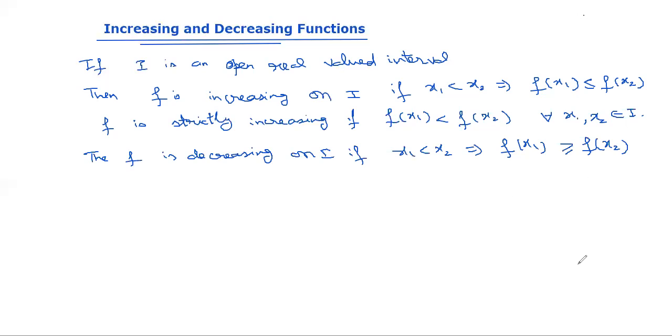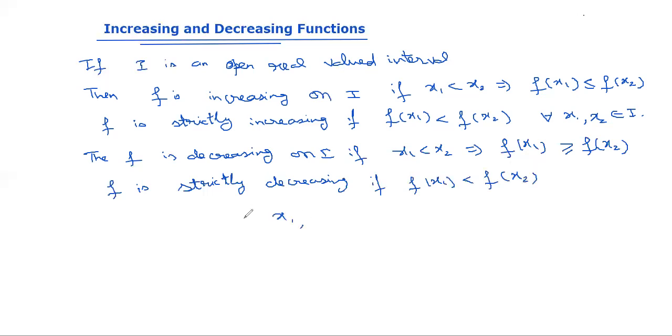So simply the value of the function is decreasing, and f is said to be strictly decreasing if f(x1) is strictly less than f(x2) for all values of x1, x2 belonging to that interval.